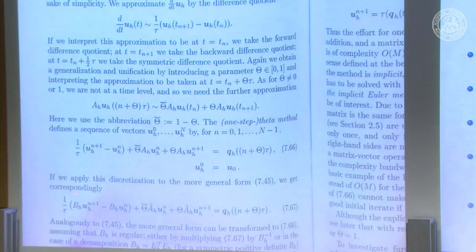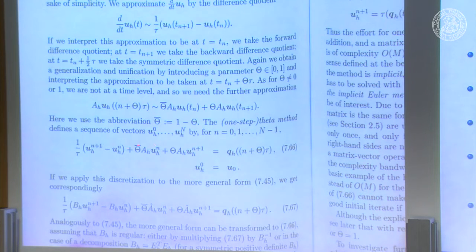And now we can argue either as we did in the theoretical fashion, that means we take advantage of a corresponding decomposition of the mass matrix and transform the mass matrix away, so to speak, or we just keep it as it is. And you see the modification is only slight.